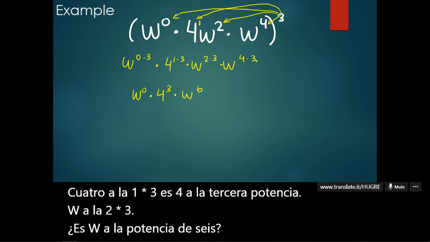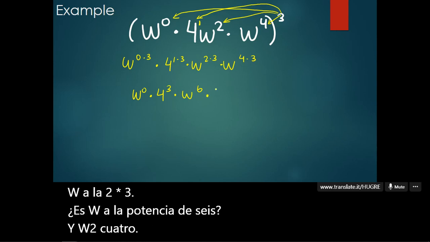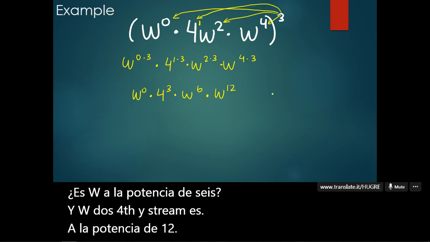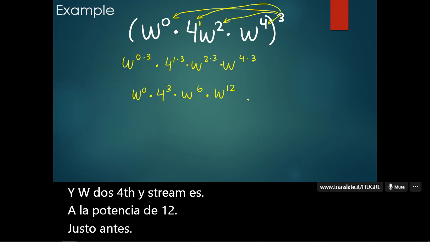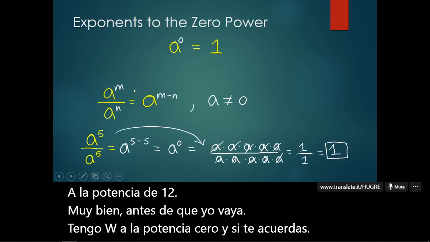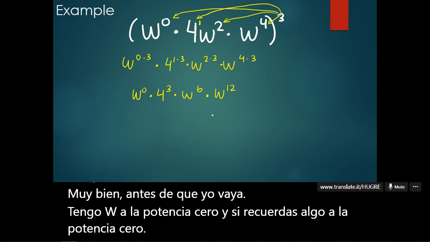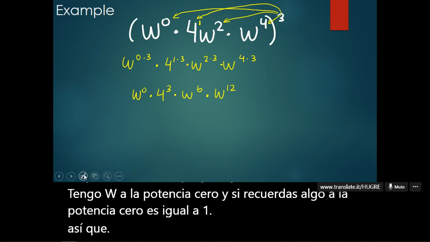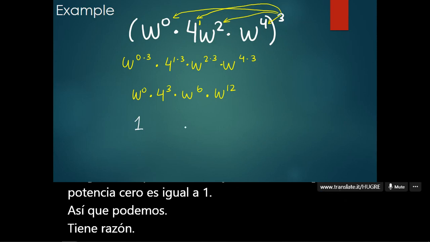And w to the 4 times 3 is w to the 12th power. All right, before I go on, I have w to the 0 power. And if you remember, anything to the 0 power is equal to 1. So we can actually rewrite this first one as 1.